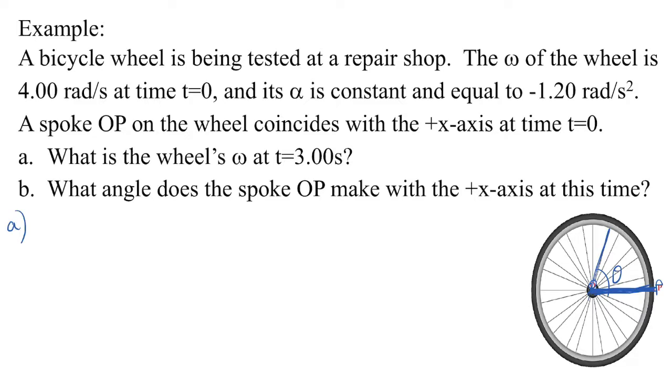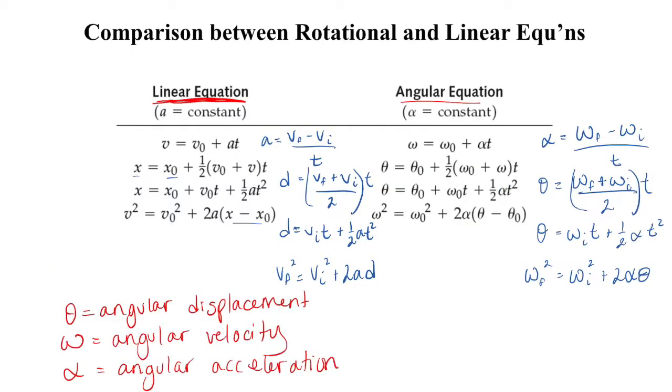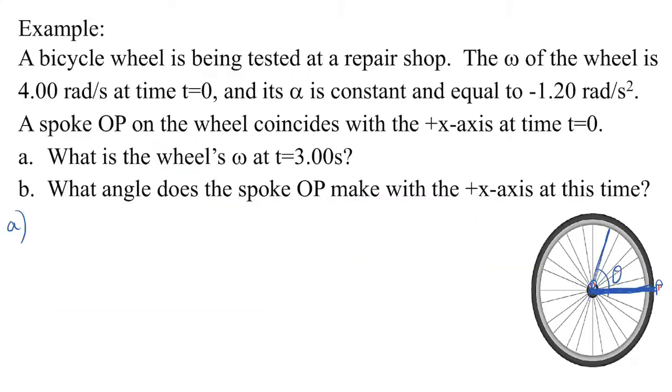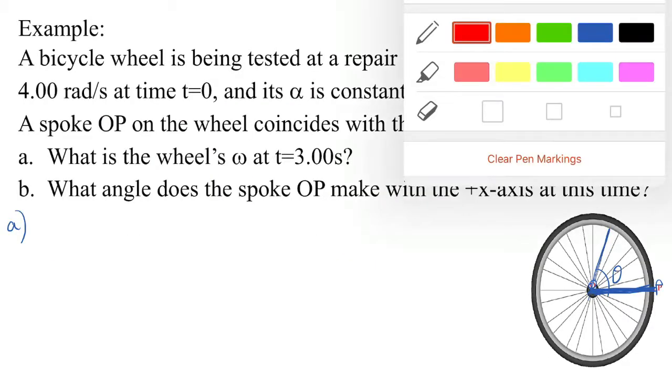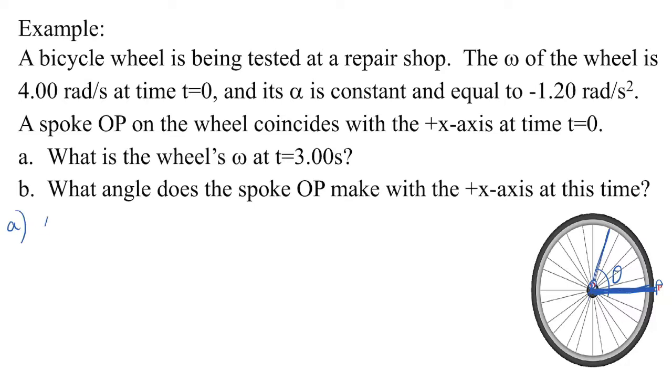And I have time, and I'm looking for final angular velocity. So if I go back to all these equations, what can I use? I think we should just use our handy dandy, run-of-the-mill, first one that we go to when we're dealing with acceleration, and that is change of velocity over time, because it looks like I have everything else that I need from there.